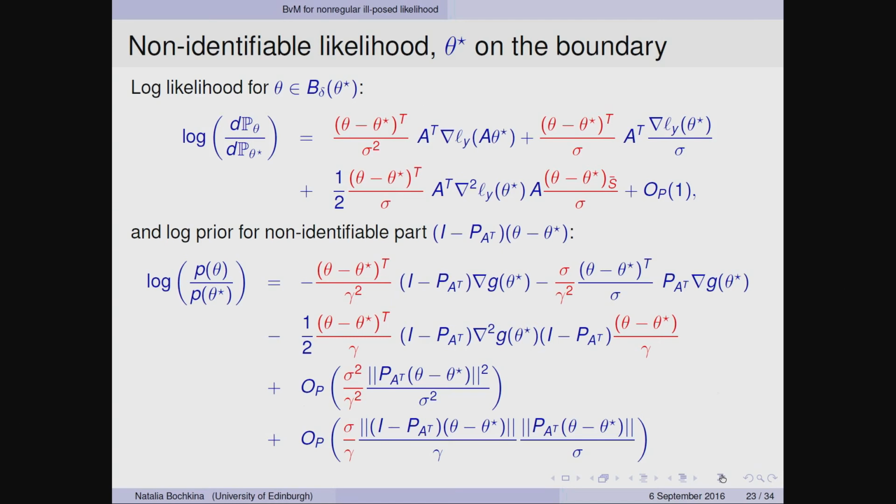For the Bernstein-von Mises result here, we actually need a stronger assumption than just sigma over gamma going to 0, which are these error terms. But also, this is the bias term, so we need sigma over gamma squared at least being bounded, or preferably going to 0 too.